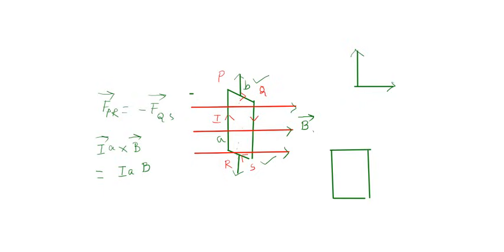In that case, the normal distance between the line of action of the two forces will be only this, because in this case FPR and FQS will act outward and inward.